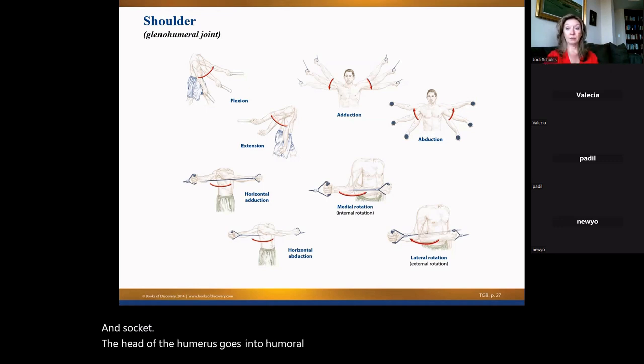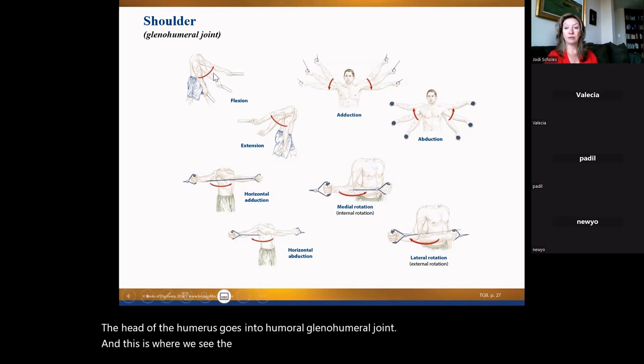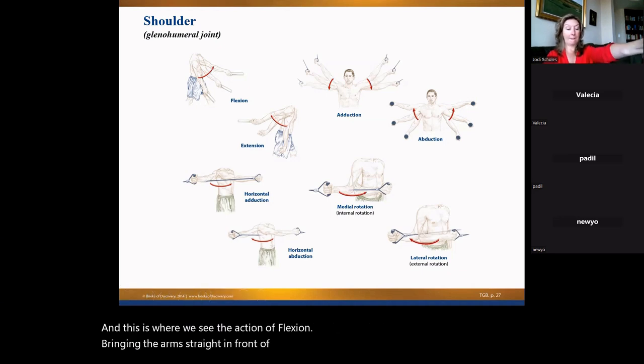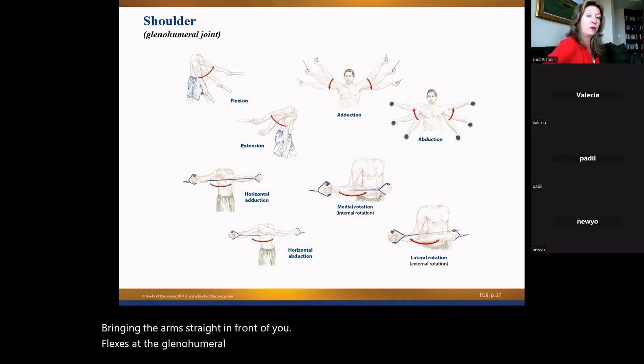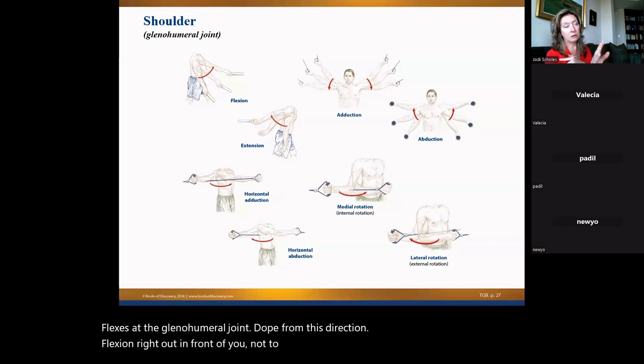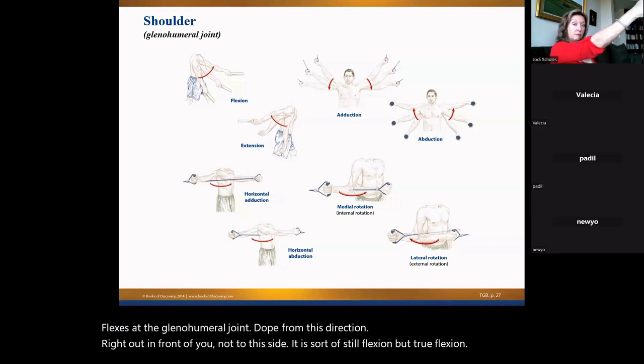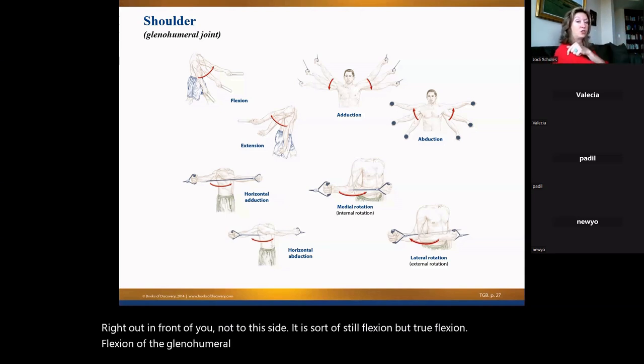This is the glenohumeral joint, and this is where we see the action of flexion. Bringing the arms straight in front of you flexes at the glenohumeral joint. So flexion is right out in front of you, not to the side. It is sort of still flexion, but true flexion of the glenohumeral joint is just straight out in front of you.